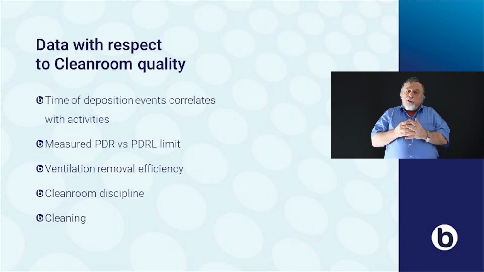Particle deposition rate for small particles is influenced by the ventilation removal efficiency. Particles a little bit larger, let's say between 40 and 100 micrometers, are influenced mainly by people: the number of people, the type of garments they use, the way they behave.